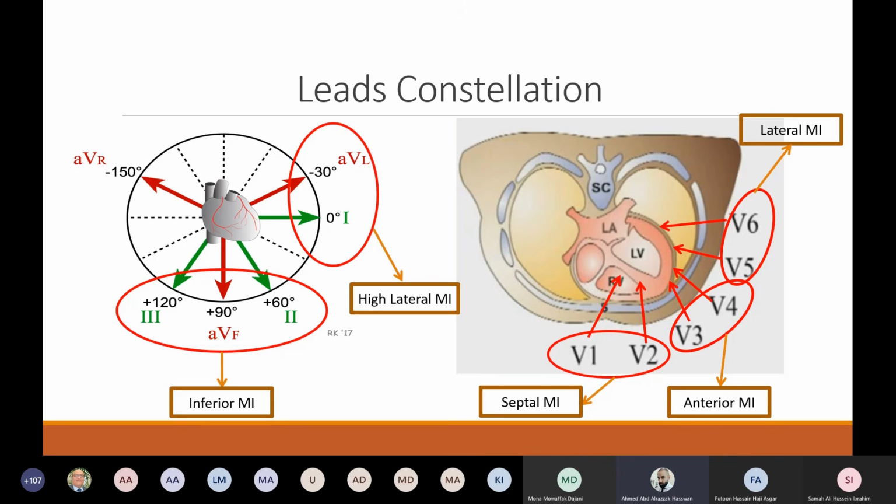If all the way from V1 to V6, this will be anteroseptolateral. So we just give the name depending on the leads that have ST elevation. Usually the inferior MI is by itself because it's a right coronary artery occlusion, and the rest will be from the left coronary artery.